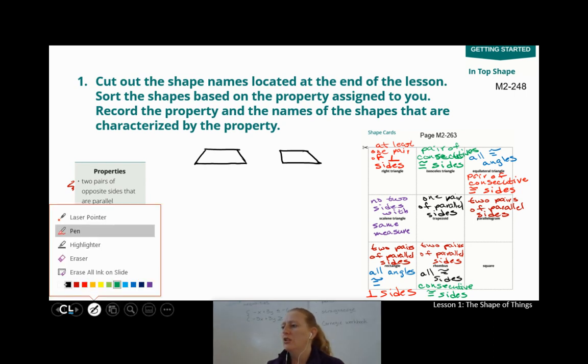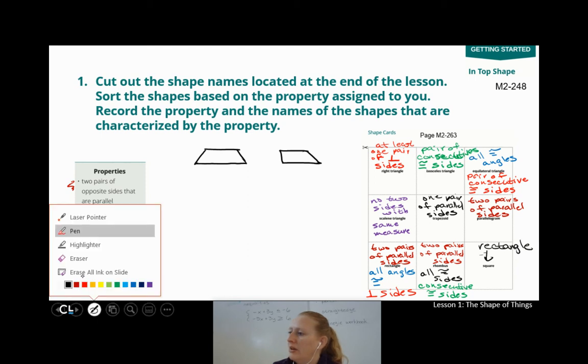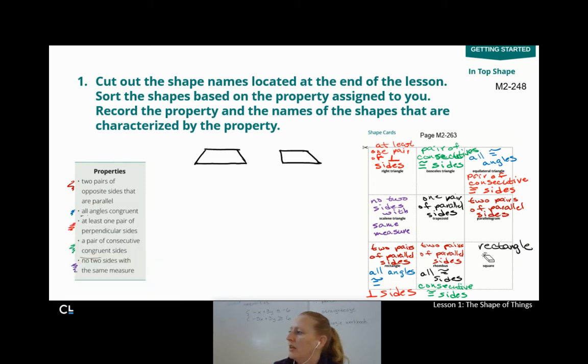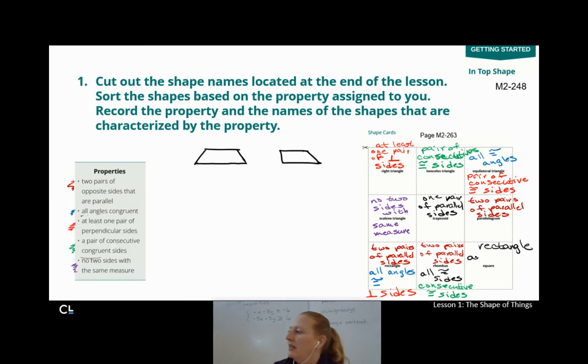All right. Square. Now, a square is a funny dude because he's a rectangle and a rhombus. So that means everything on these guys applies here. And I don't think I have space for that. So you know what? I'm just going to write that a square is a rectangle and a rhombus, right?